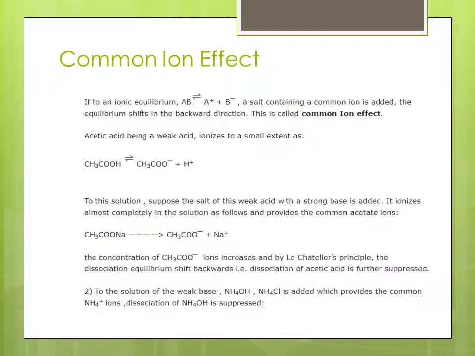Acetic acid, being a weak acid, ionizes to a small extent as CH3COOH dissociating into CH3COO- and H+. To this solution, suppose the salt of this weak acid with a strong base is added. It ionizes almost completely in the solution and provides the common acetate ions.